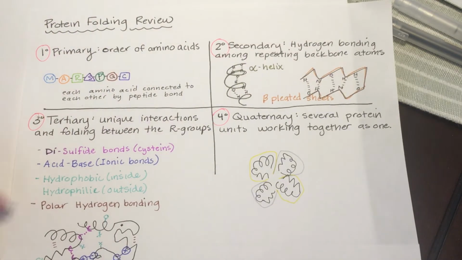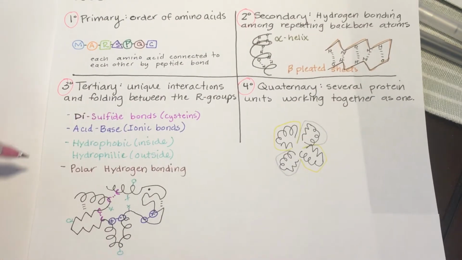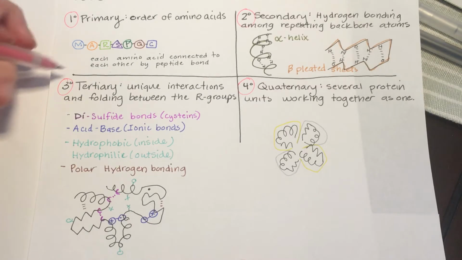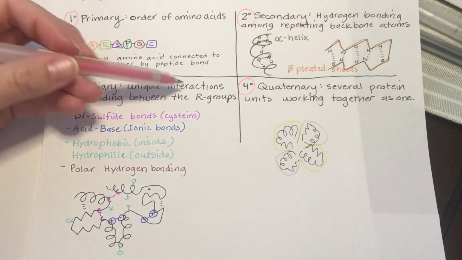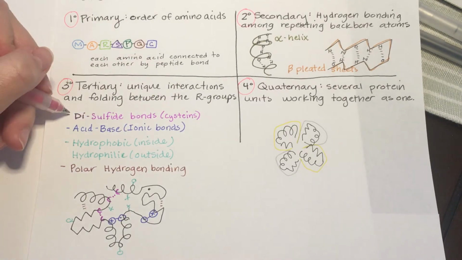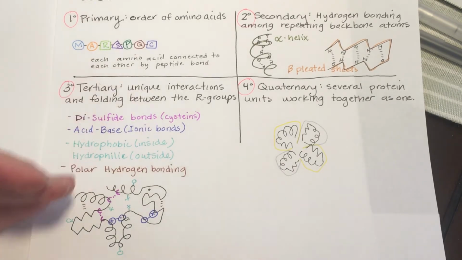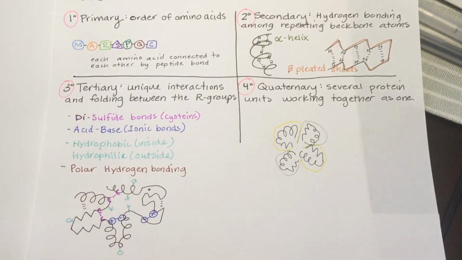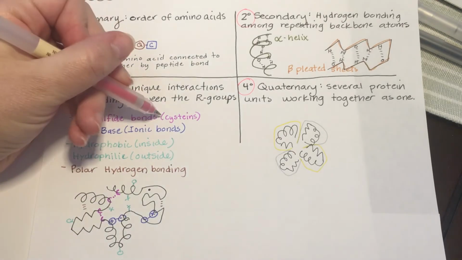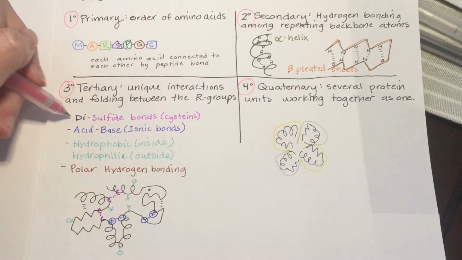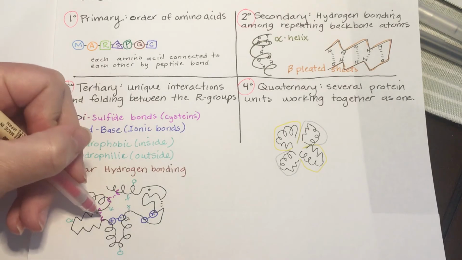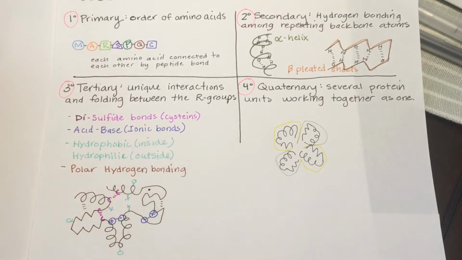The unique stuff here comes in the tertiary structure. This is where now the unique interactions and foldings between the R groups happen. So this is now where all those 20 different amino acids had different kinds of properties, and now they're getting to interact with each other. Cysteines with sulfur are forming disulfide bonds, really strong connections that are holding big sections of the protein together.